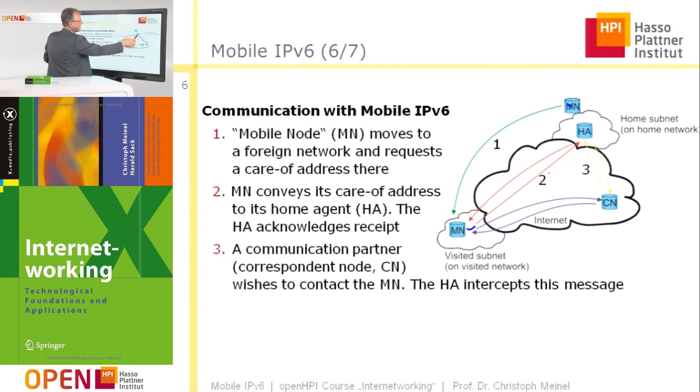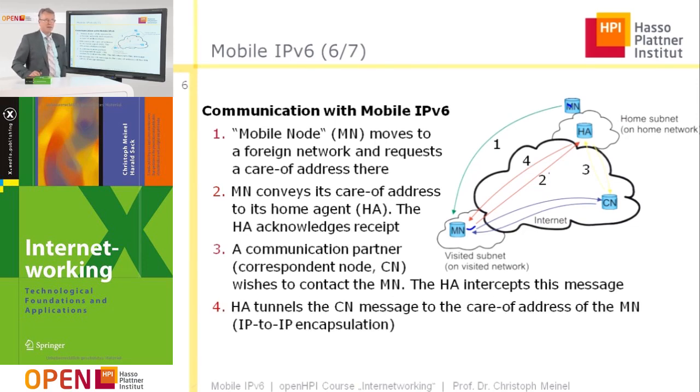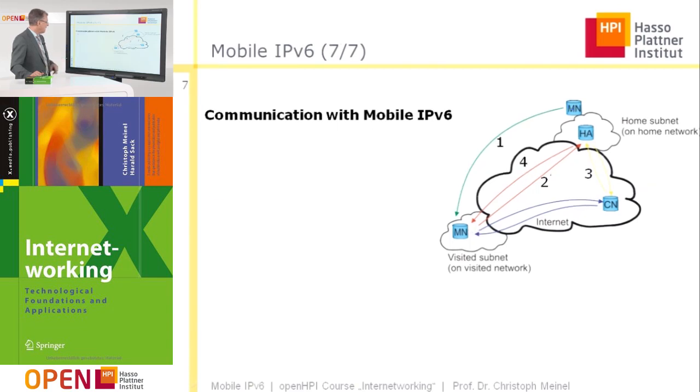So the home agent tunnels the communication partner's messages to the care-of address of the mobile node, putting them into IP packages which are sent to the care-of address of the mobile node in the guest network, and then the mobile node can see these messages and can answer the communication partner in a typical way.